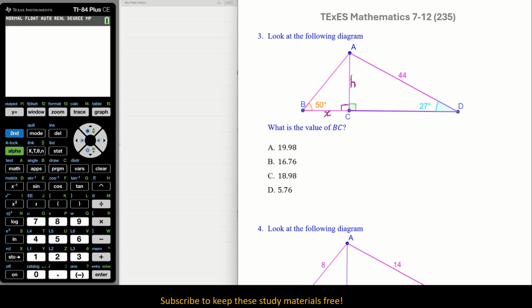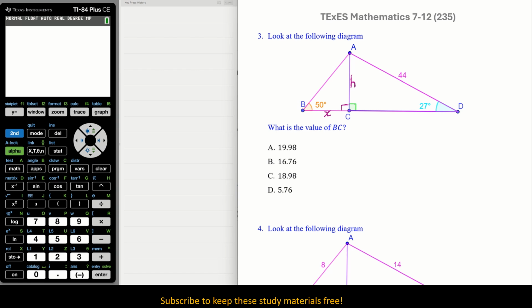Okay. So because of that, and because I know, obviously, because it's a right triangle, if I had the height, then I could use tangent with opposite over adjacent, but I need the height. Can I get that height?